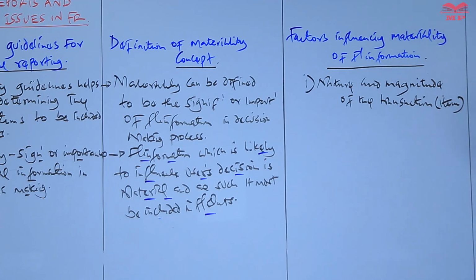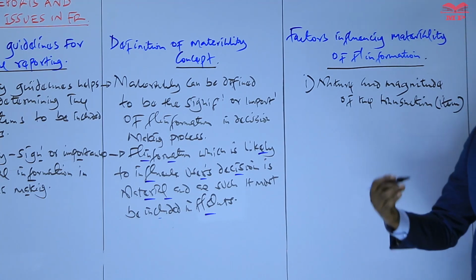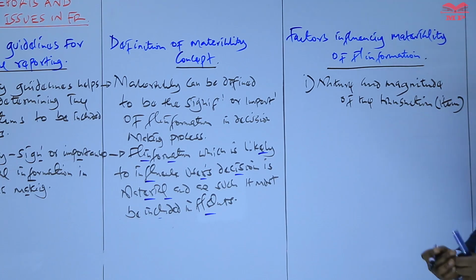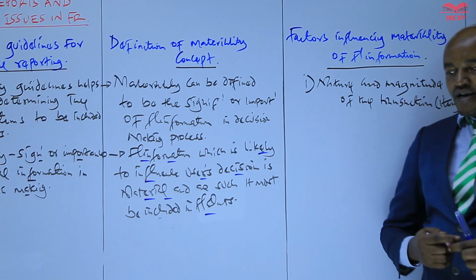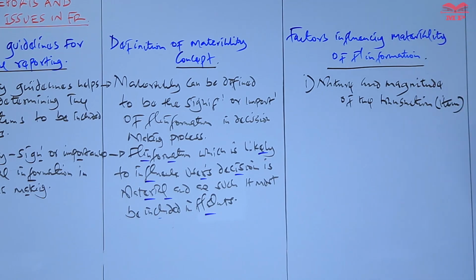When we talk about the nature and the magnitude, we are referring to the amount involved in a certain transaction. Generally, large transactions, those which involve huge amounts of money, are material.